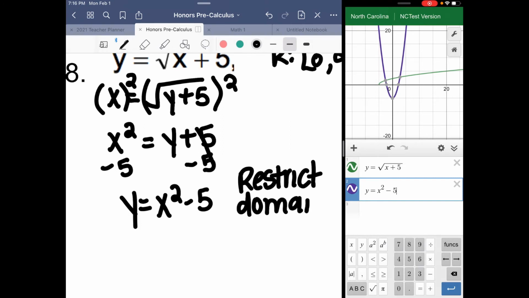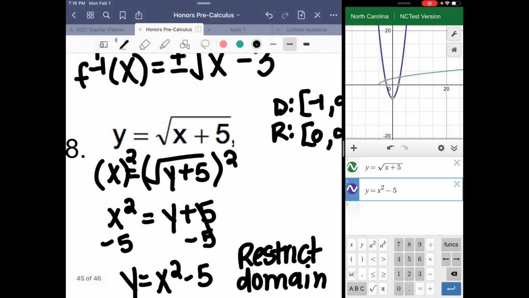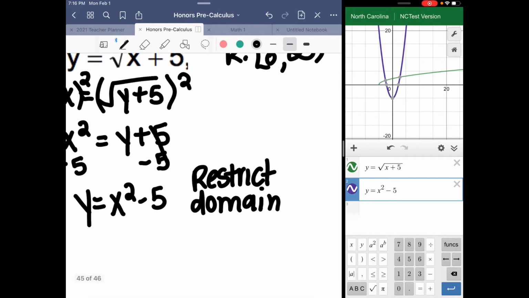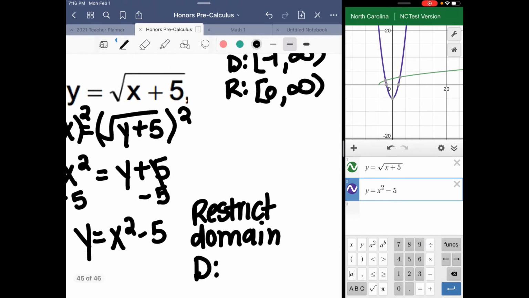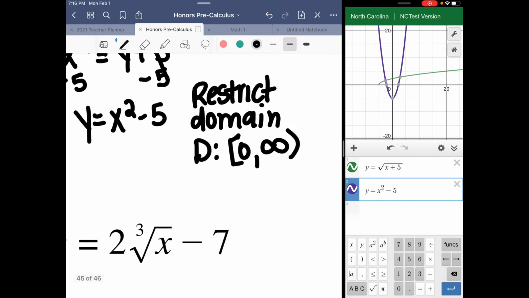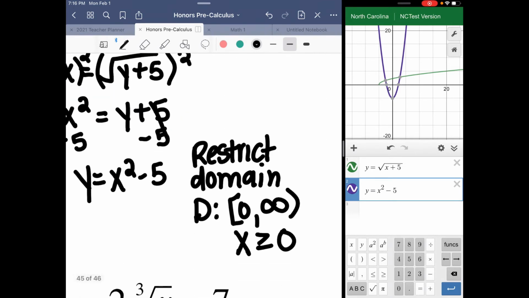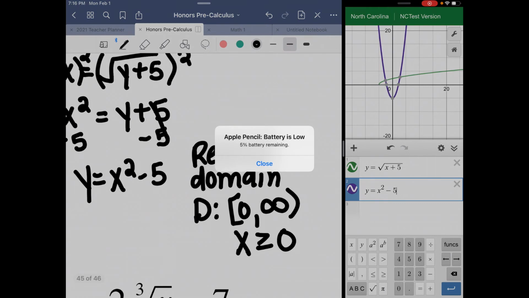So if we restrict the domain, remember the original domain was -1 to infinity. But when we do the inverse, we are going to carry that restriction with it. So we're going to restrict it so that it's 0 to infinity, or we could say that x is greater than or equal to 0.